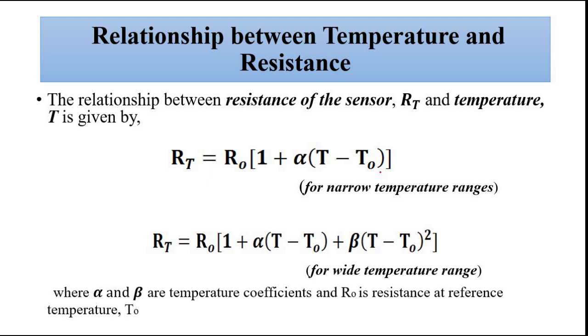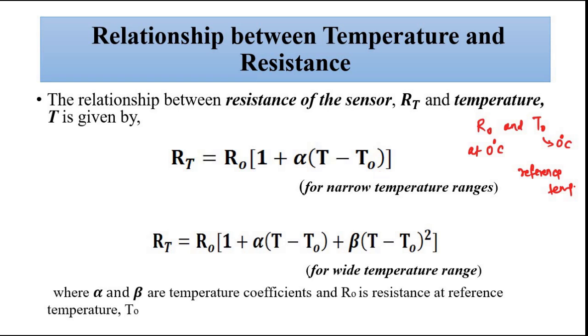Here R0 is the resistance at the reference temperature, which is normally taken as 0 degree Celsius, and T0 is simply 0 degree Celsius, the reference temperature. So R0 is the resistance at 0 degree Celsius and T0 is 0 degree Celsius, used as reference.